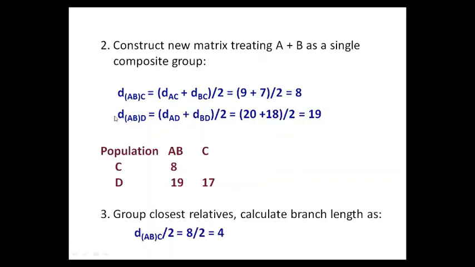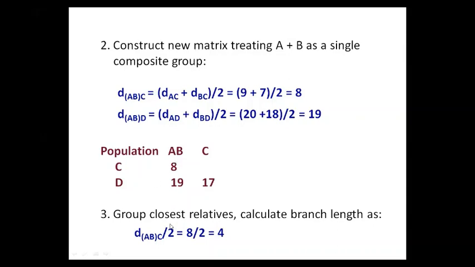Similarly, the distance of A and B from D will be equal to the distance of A to D plus the distance of B to D, divided by 2, which is equal to 19. We will plot the values again, and then we will show this distance like this.